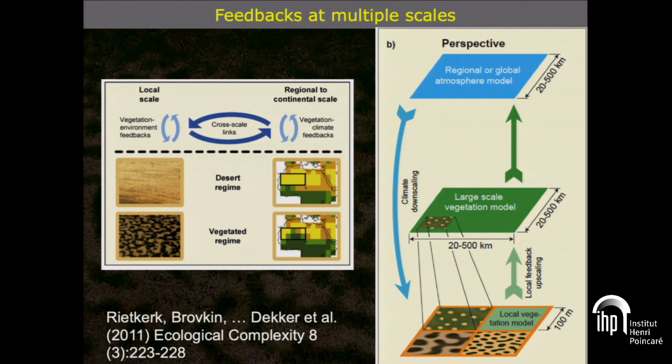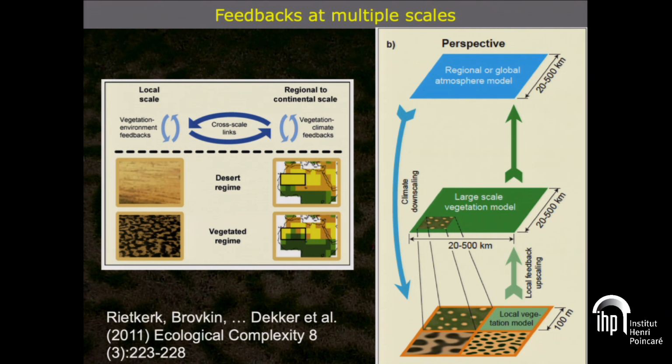So the plot on the right is illustrating this idea: you have these feedbacks acting locally, and you still may need to find an appropriate parameterization to take these phenomena into account also in a larger scale vegetation model.